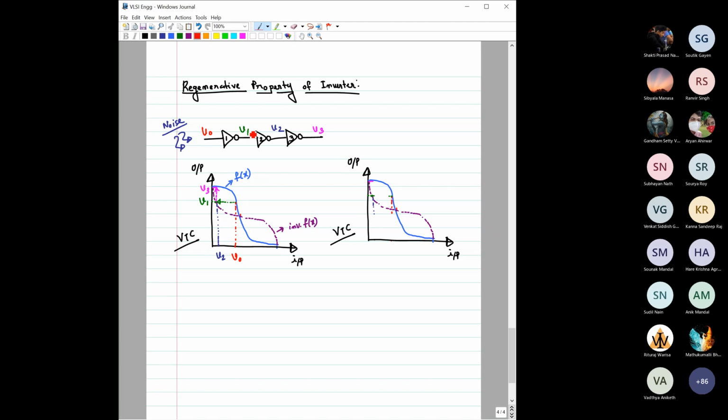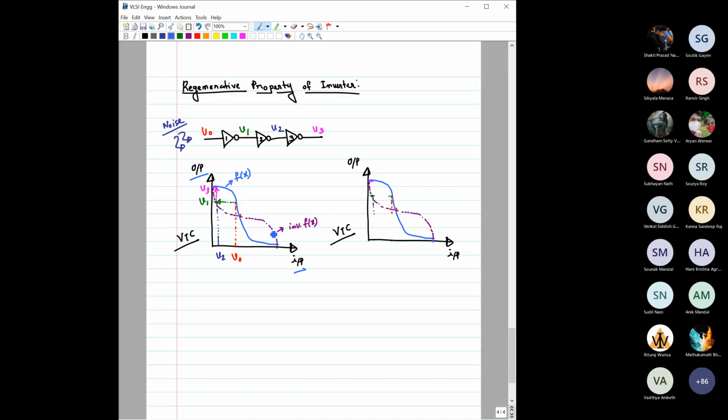Say we do not know how this inverter was made as of now, so we are assuming that the VTC of the inverter, output voltage versus input voltage, is something like this.